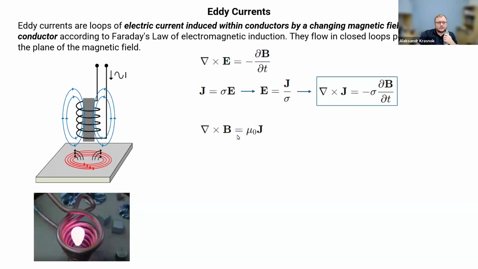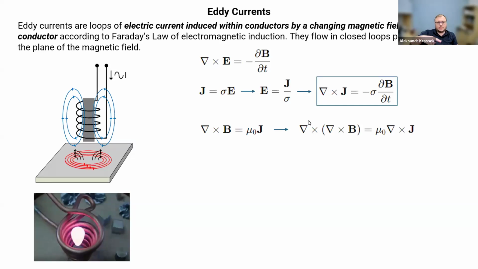On the other hand, neglecting the Maxwell addition and writing this formula for the curl of magnetic field, in this form, you can do that always if the change of electric field is not that large. Okay. So taking the curl of this equation leads to this one.